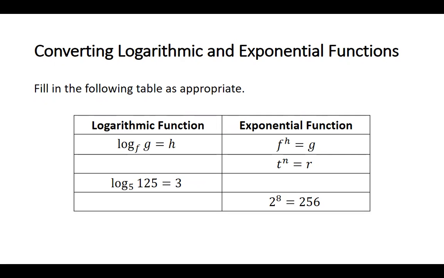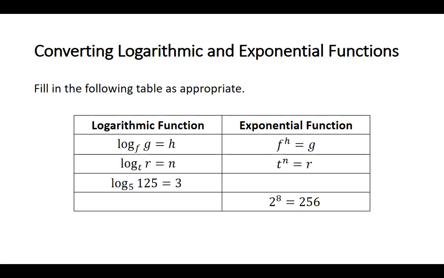Now, the next one, I gave you the exponential function. T to the n is equal to r. So that's going to be log base t of r is equal to n. Notice the base stayed as the base, and then we just swap the other two. Now I have log base 5 of 125 is equal to 3.